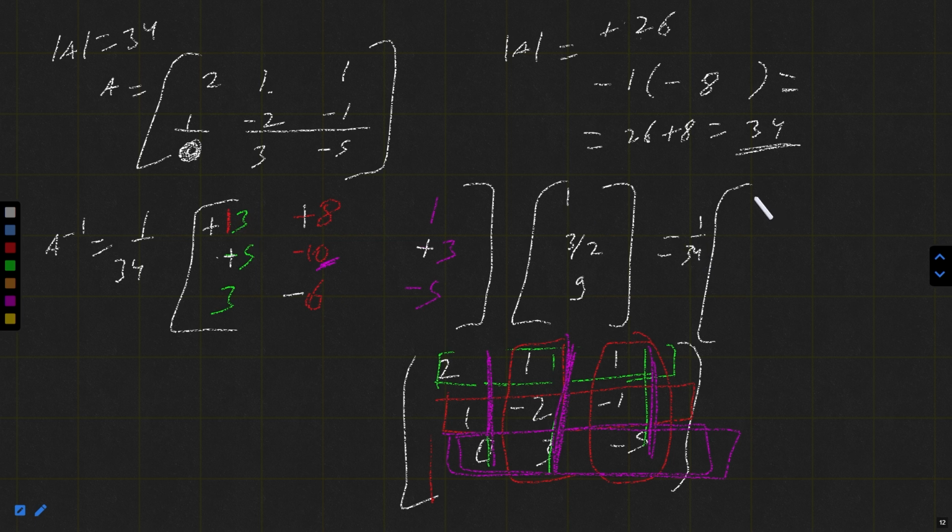I will get 13 plus 3 by 2 multiplied with 8, which means 3 multiplied with 4 means 12, plus 9. As you can see, 13, 12, 9 will give you 34. So this will be 34. So far so good.